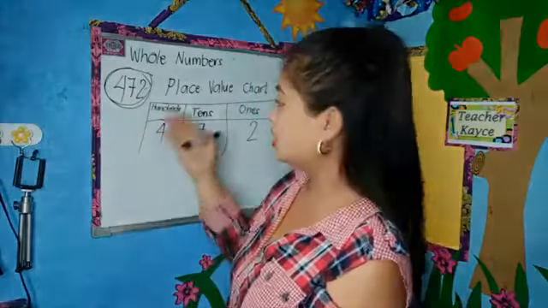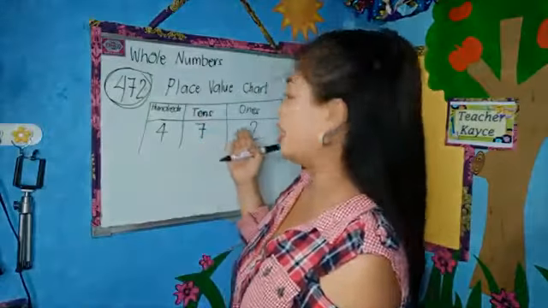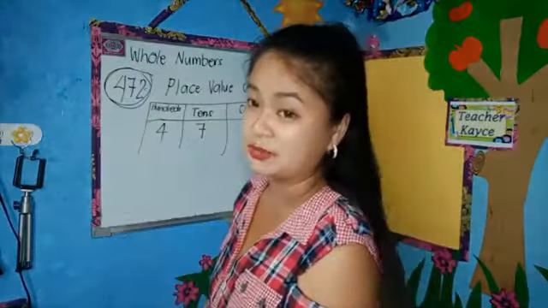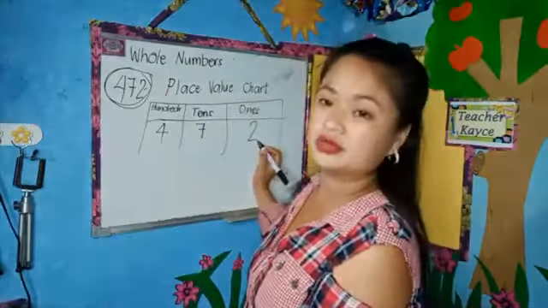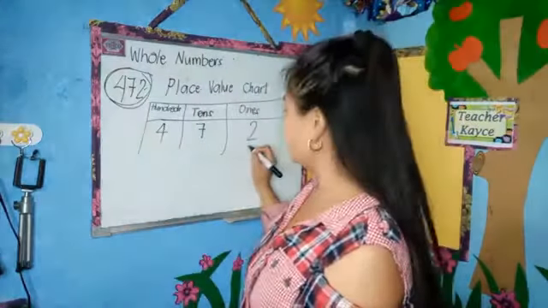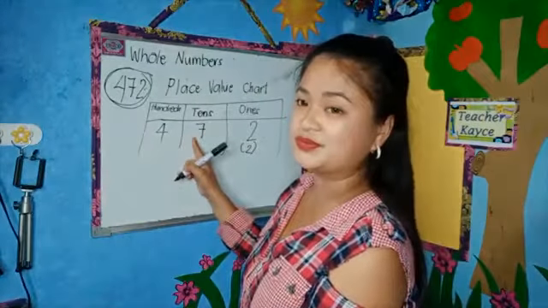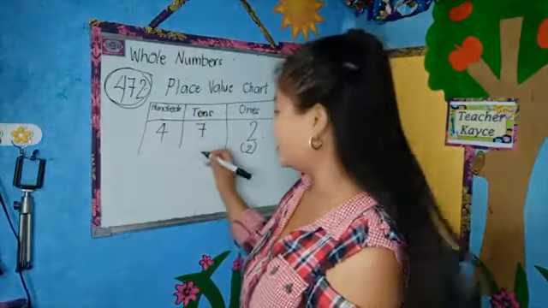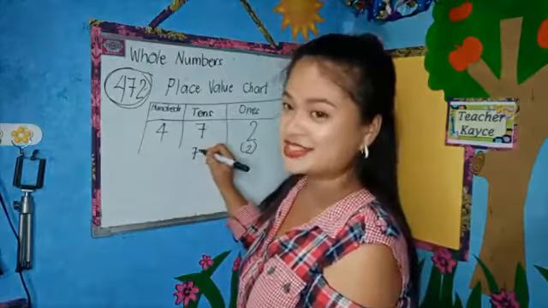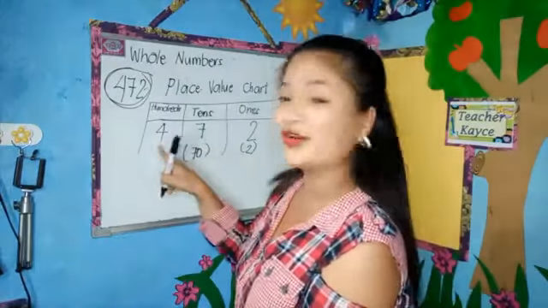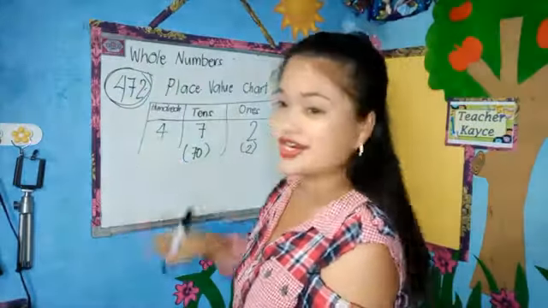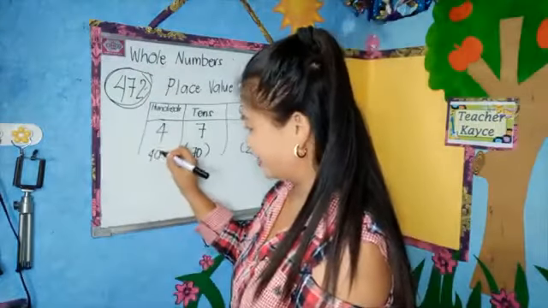How about its place value? 2 serves as your ones, so it is considered as 2. 7 is your tens, so it is 70. And 4 serves as your hundreds, so it's 400.